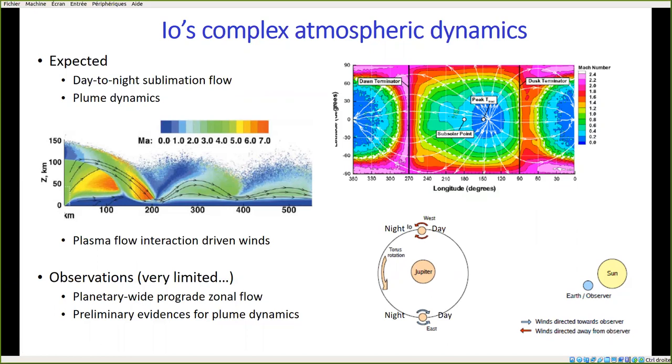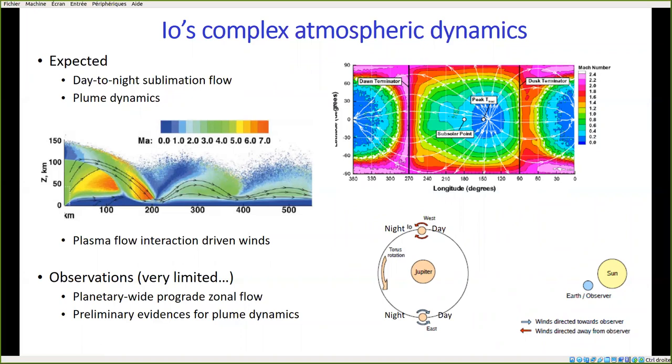They also predict, as expected based on the previous consideration on surface-atmosphere equilibrium, strong supersonic winds across the terminator. The volcanic models predict plume-like dynamics with rising and falling motions, re-entry shocks, and so on, either with the surface or with the sublimation atmosphere, which produces very complex velocity fields.